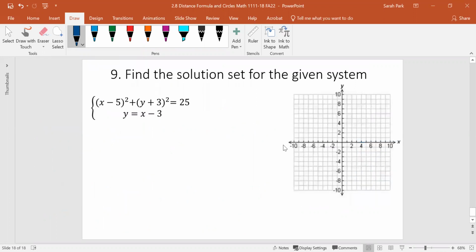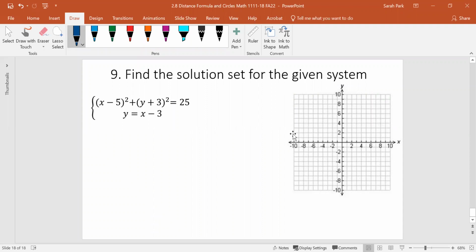Okay, let's look at the last problem together. Number 9, find the solution set for the given system. X minus 5 squared plus y plus 3 squared equals 25. This should look familiar. We did this in 8.4 for systems of nonlinear equations, and we used algebra.